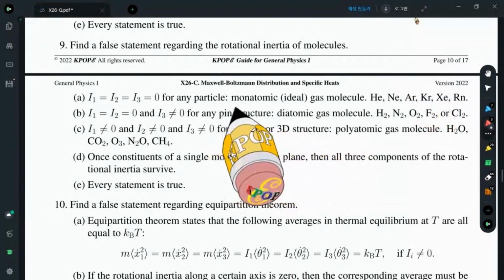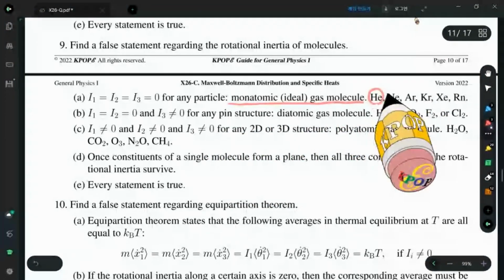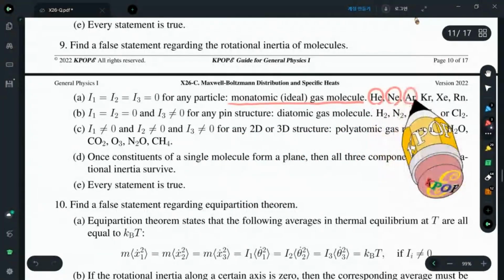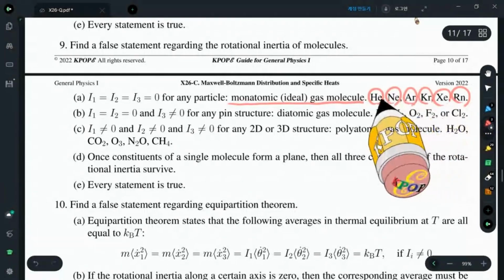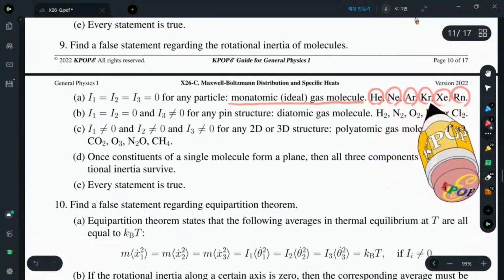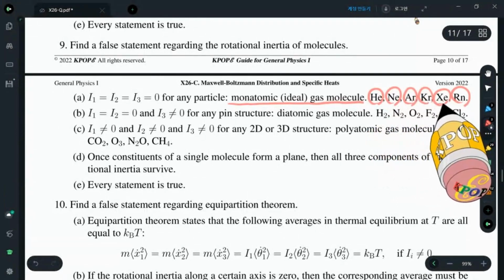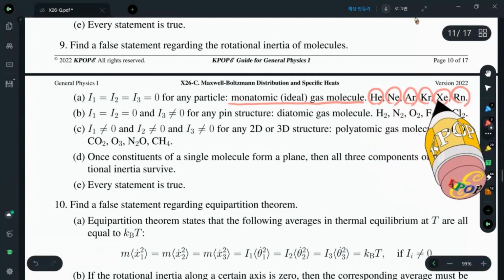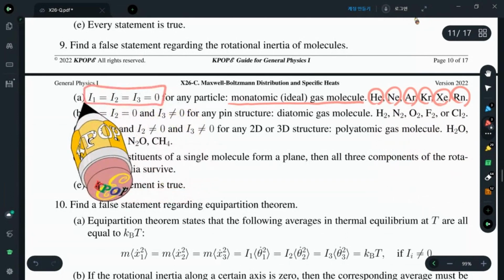First, monatomic gas, such as helium, neon, argon, krypton, xenon, radon, they are all single atom. Its molecule is made of a single atom. So we can treat it as a point particle, although it is not equivalent to a mathematical point.